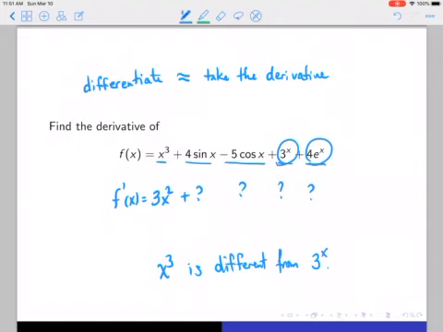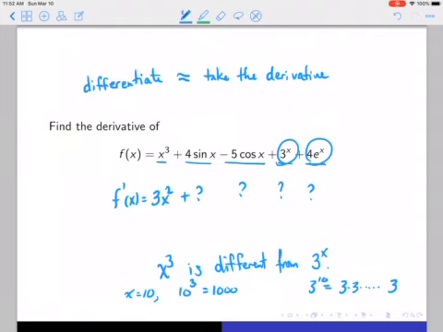For instance, if we were to plug in x equals 10, over here we're going to get 10 cubed, that's 1,000. And over here we would get 3 to the 10th, which is 3 times 3 times 3, we multiply 3 by itself 10 times. So those are really different numbers, and as such the derivative of 3 to the x is going to be different than the derivative of x cubed.